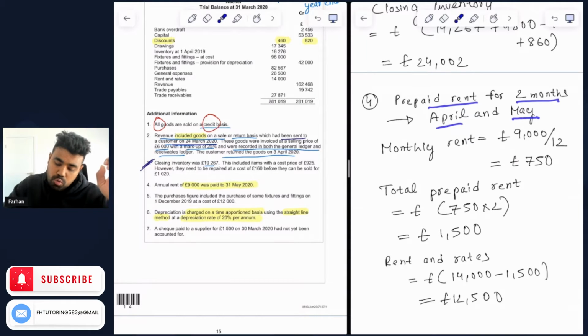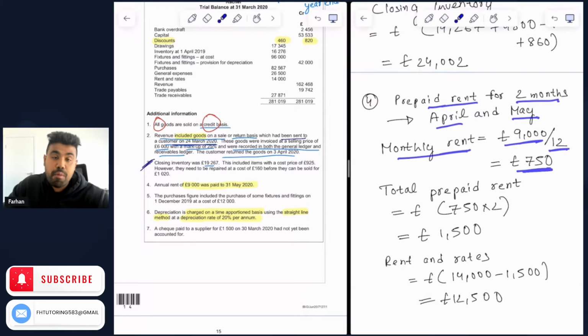First of all, we want to find the monthly rent, and the way you can calculate it is take the annual rent of £9,000 and divide it by 12, because we have 12 months in a year, which gives me £750 per month as the monthly rent.